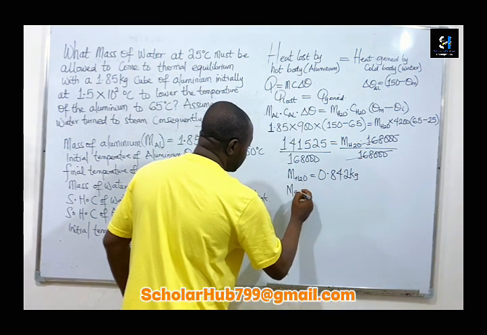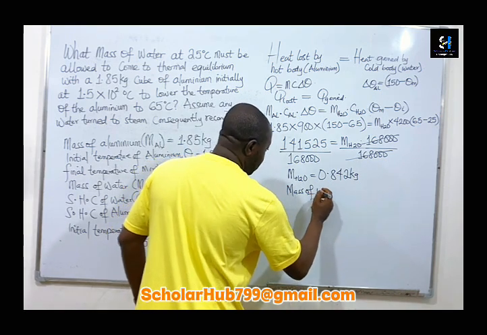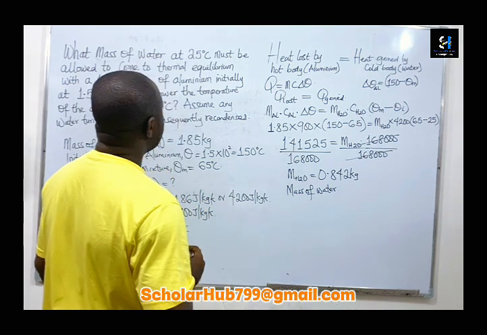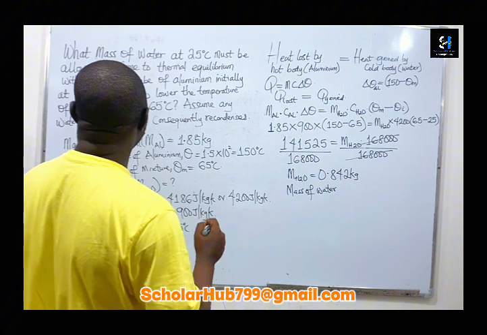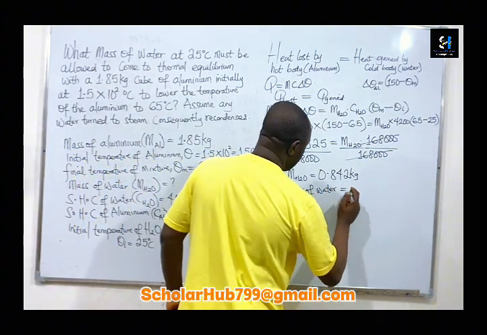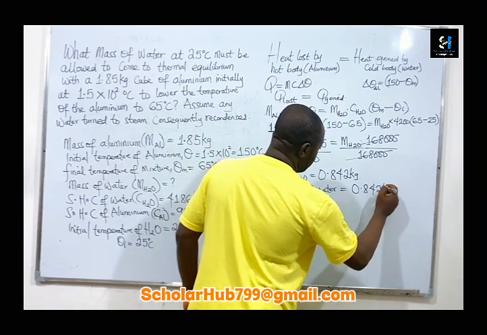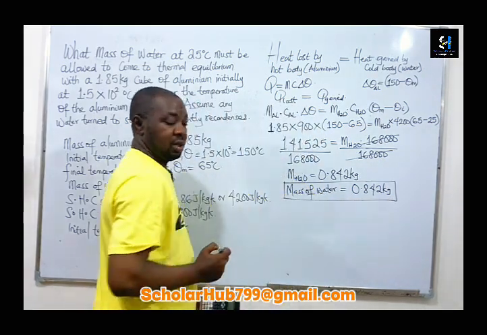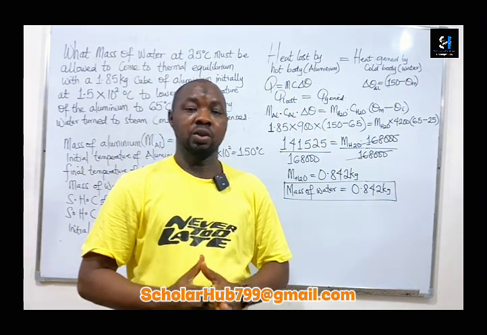So the mass of water that must be allowed to come to thermal equilibrium with the cube of aluminium is 0.842 kilogram, and this is the answer to the question.